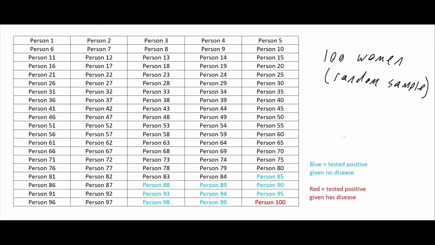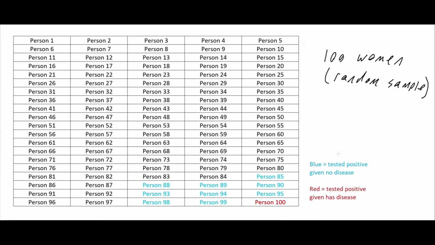When we say that the false positive rate is 9%, all the people listed here in black are people who both tested negative and do not have the disease. But you're going to get 9% who are false positives.